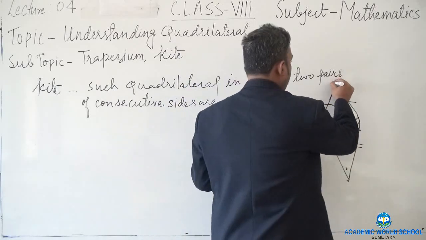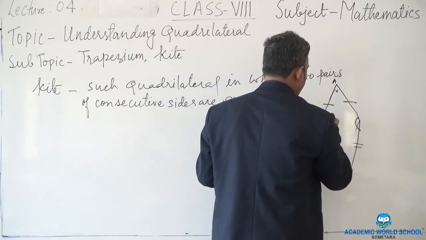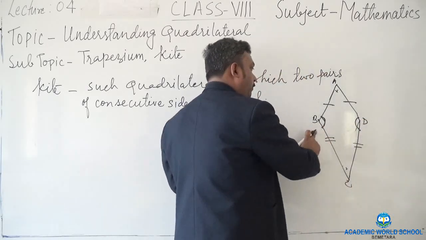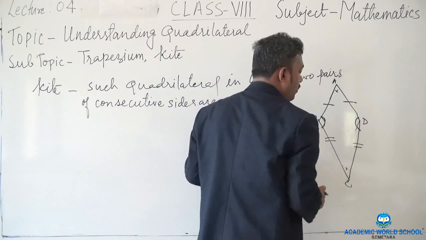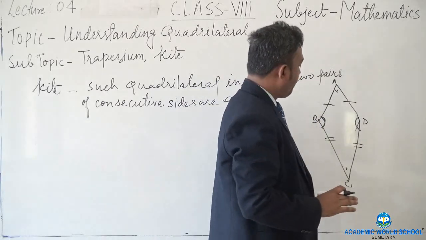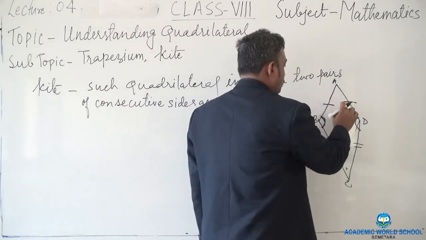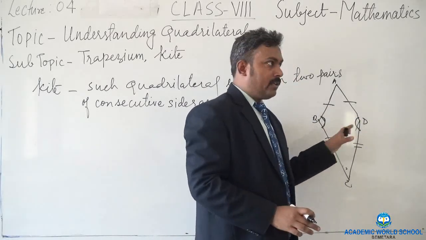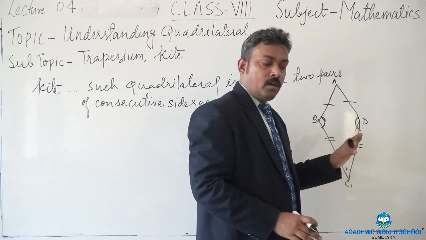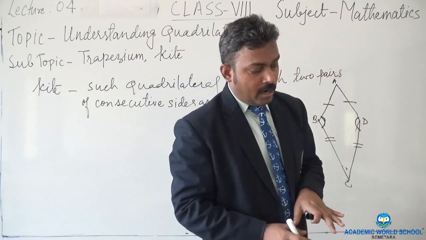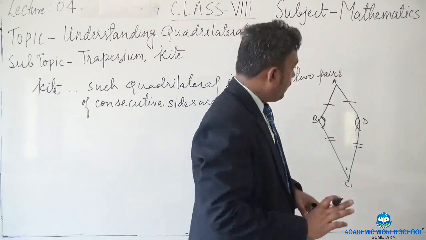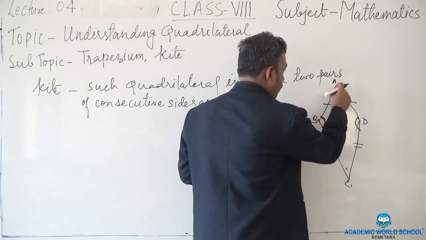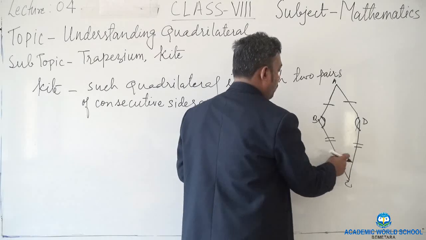Suppose the vertices are A, B, C and D. Then angles B and D will always be equal. So we can say that one pair of opposite angles is equal, but that opposite pair is specifically this one, not this one.